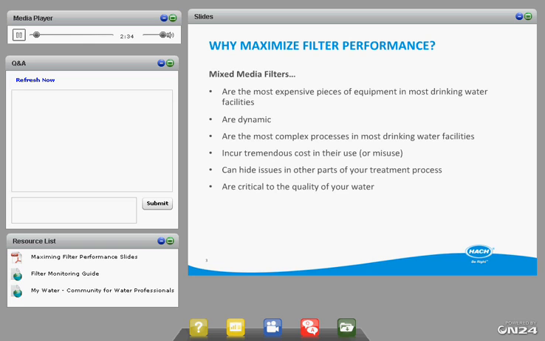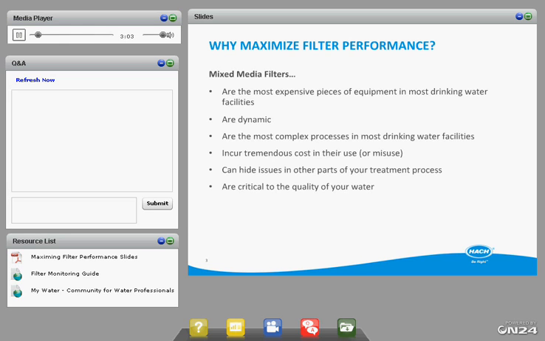And this is because not only is it various layers of media, but these are dynamic processes that are constantly in flux. As such, this is likely to be the most complex process in your facility, and even a good use of this resource can incur significant cost, and the misuse or suboptimal use of a filter can incur tremendous cost.